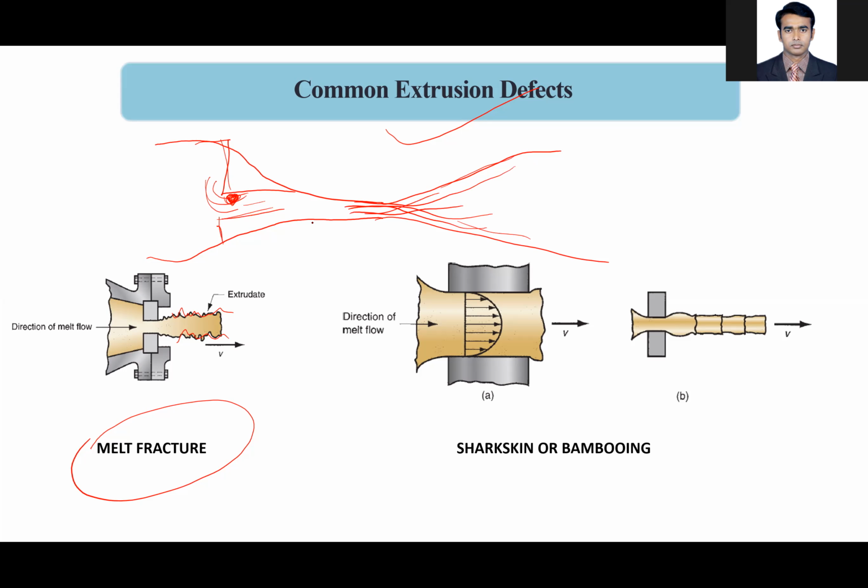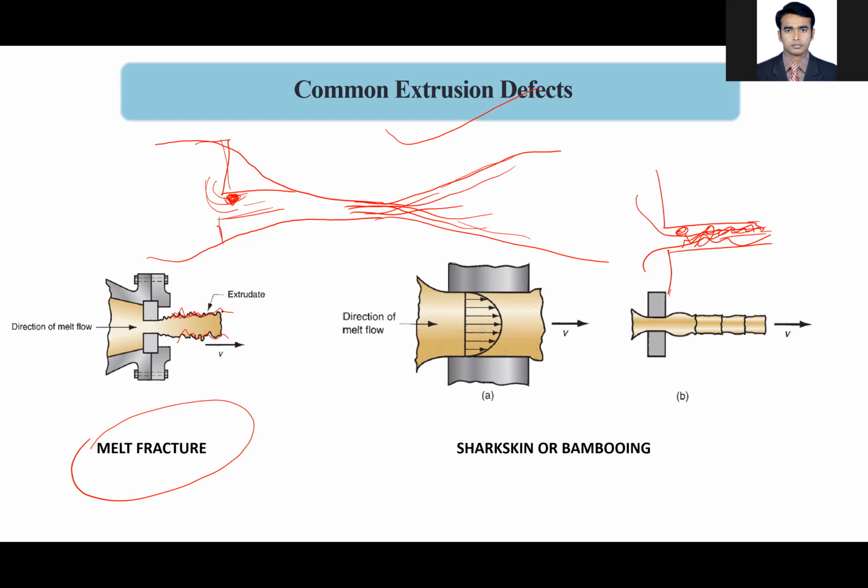But if it is a sudden contraction and the fluid flows this way, the material goes like that, there is a spiral and it becomes irregular. Then streamlines become turbulent, not laminar.